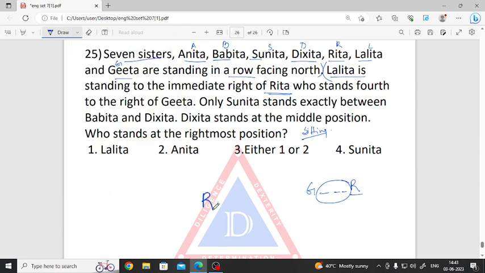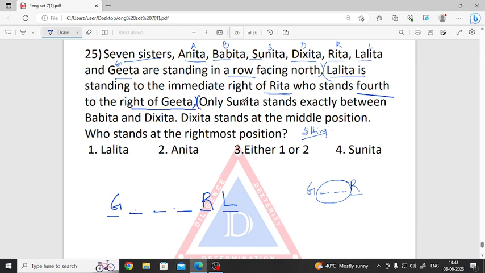So Lalita is standing immediate right of Rita, and Geeta is fourth to her left. Okay, we got a total of 6 till now.